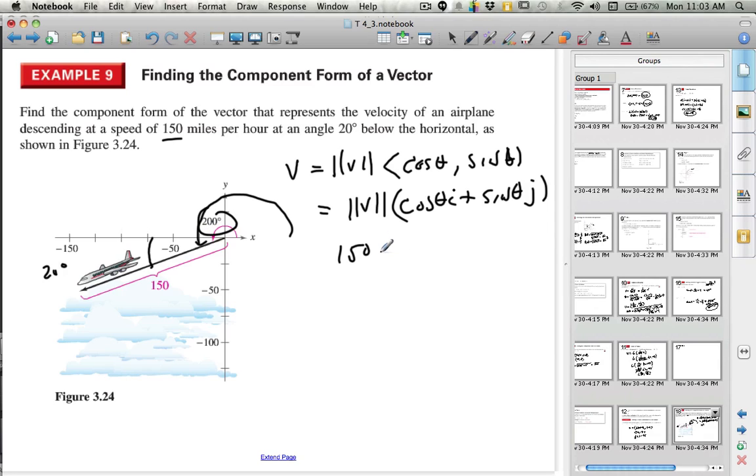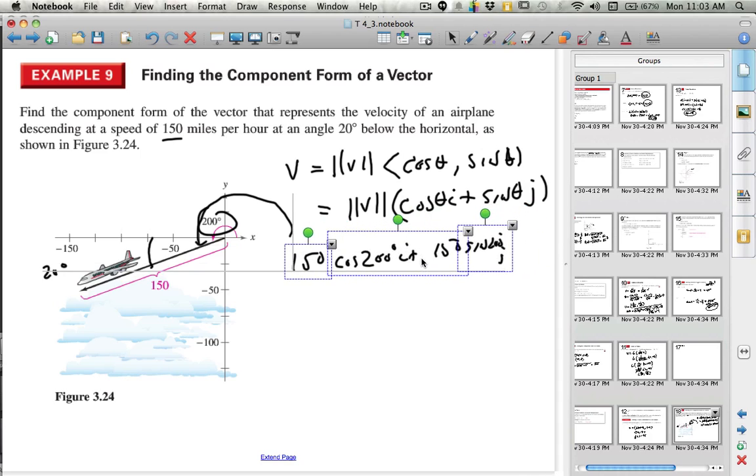So I'm going to have 150 times the cosine of 200 degrees i plus 150 times the sine of 200 degrees j. Sorry, I ran out of room there. Let me move this over.